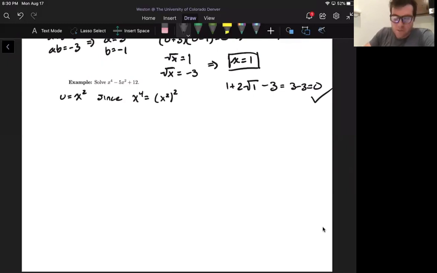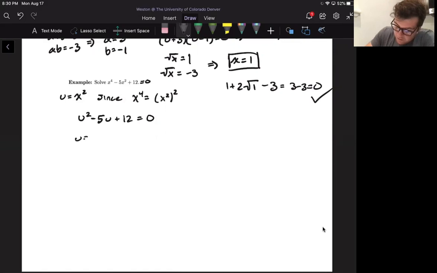Therefore, when we make the substitution, we have u squared minus 5u plus 12 equals 0. Oh, I'm sorry, I didn't write an equals 0 at the top. That's what we should be solving for. And we're just going to attack this with the quadratic formula.